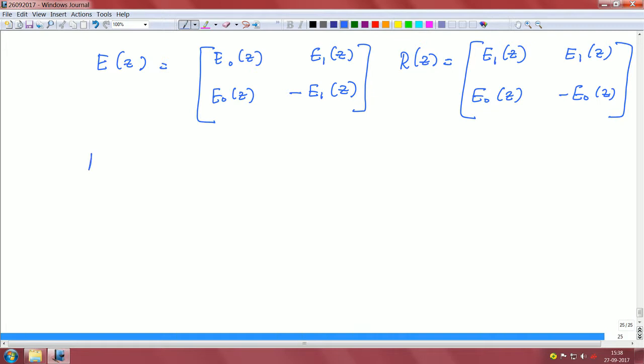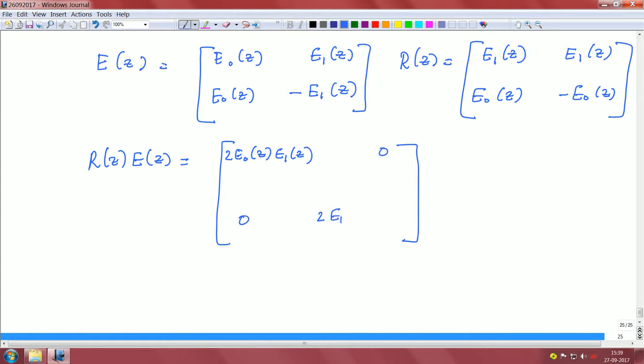then we look at R of z times E of z, that gives us this matrix 2 E naught of z, E1 of z, 0, 0, 2 E naught of z, E1 of z.